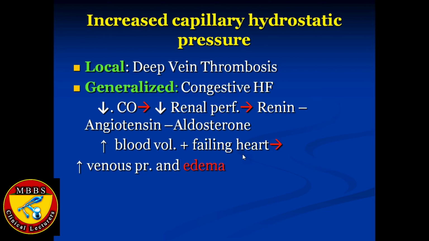Considering the first factor, that is increased capillary hydrostatic pressure, it may be localized when there is deep vein thrombosis. What is thrombosis? Thrombosis is intravascular clot formation, and we will be studying it in the upcoming lectures, but just a brief introduction would be that at times, due to immobility, due to increased coagulation capacity of the blood, etc., there might be thrombosis or clot formation within the flowing circulation.